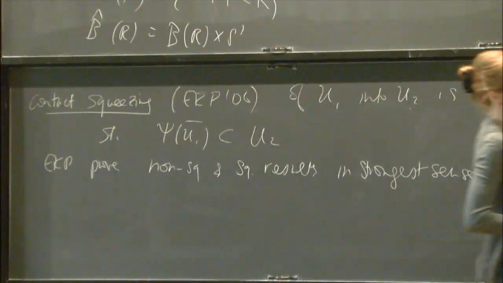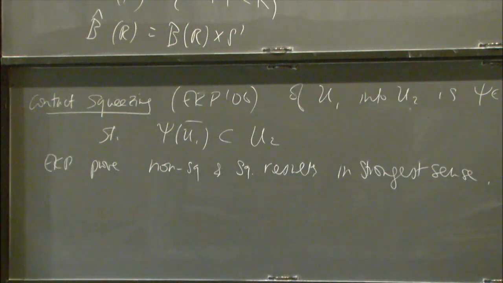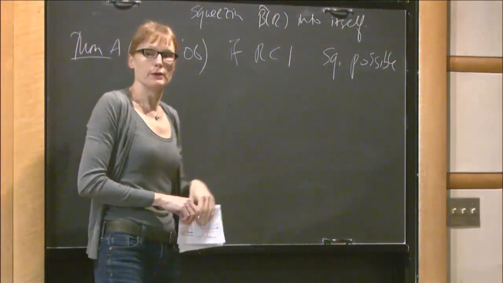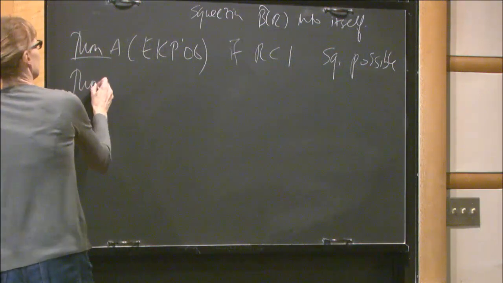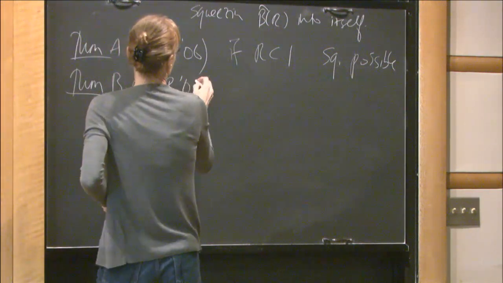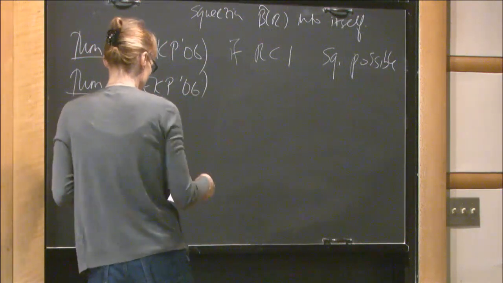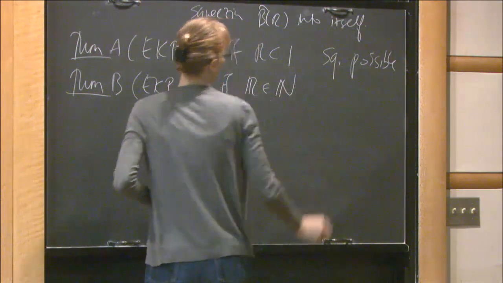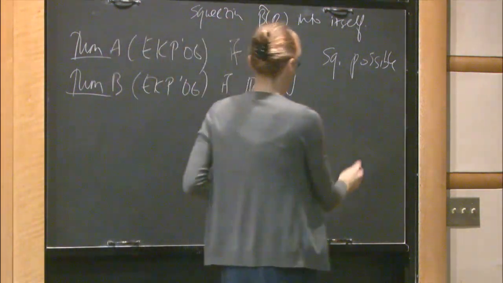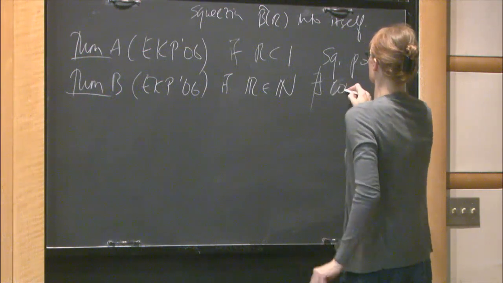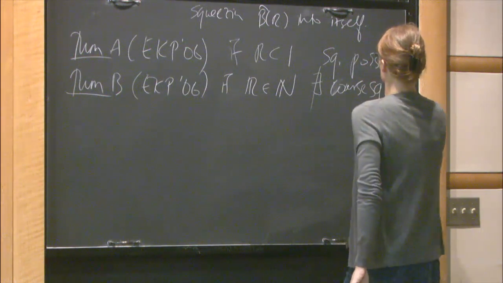They show that you can do that when you're dealing with a pre-quantized ball of radius R with R less than 1. On the other hand, if you have an integer value of R, there's no coarse squeezing.